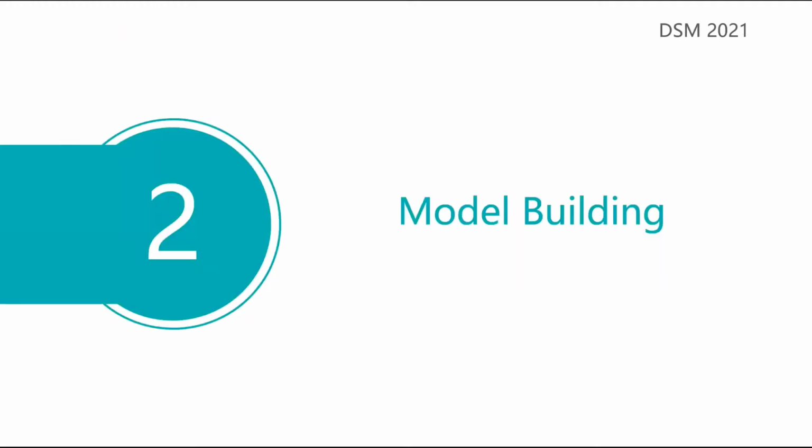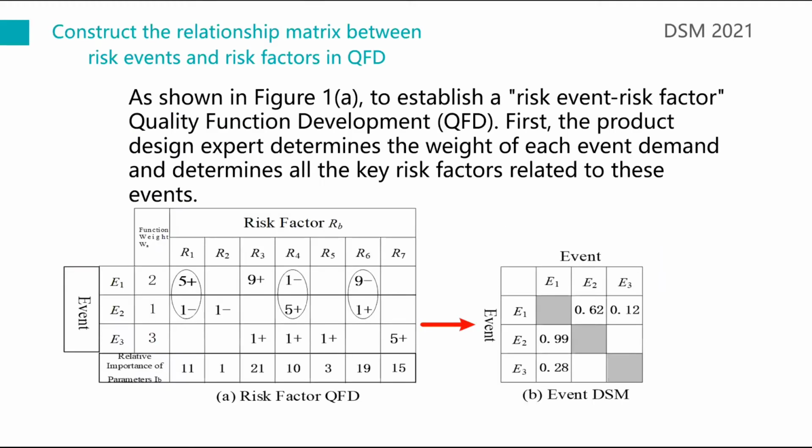The second is model building. As shown in Figure 1, to establish a risk event QFD and a risk factor QFD, first, the product design expert determines the weight of each event demand and determines all the key risk factors related to this event.